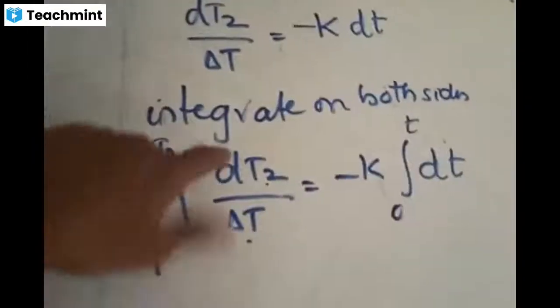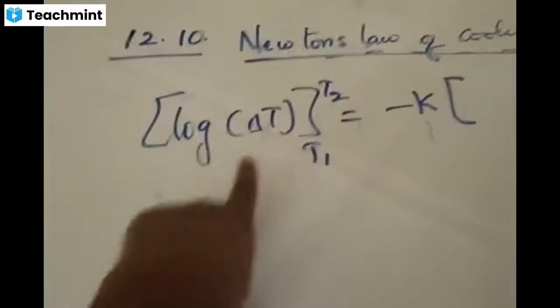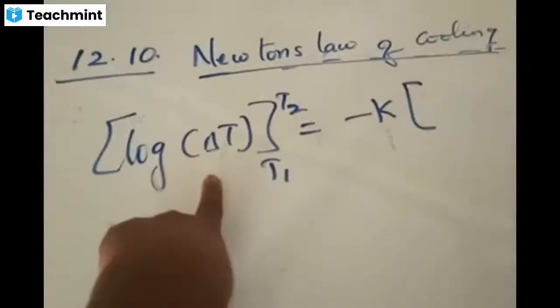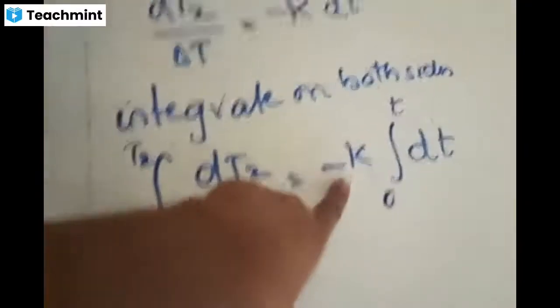Integration of 1 by x dx is log x. For that log, you take log of the bottom part, delta t. Minus K is as it is.